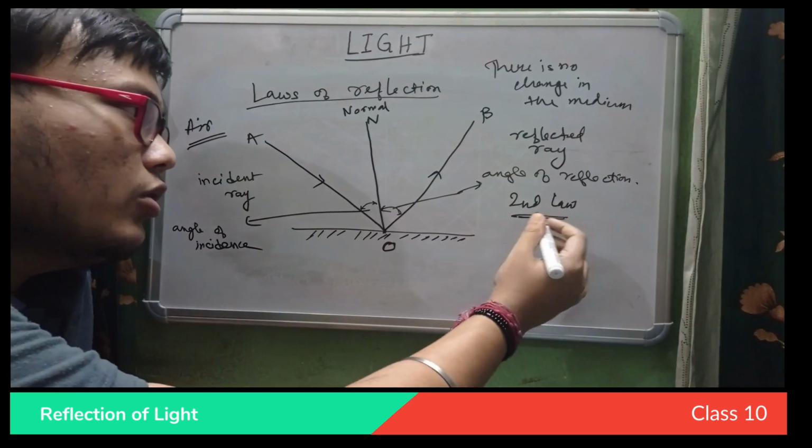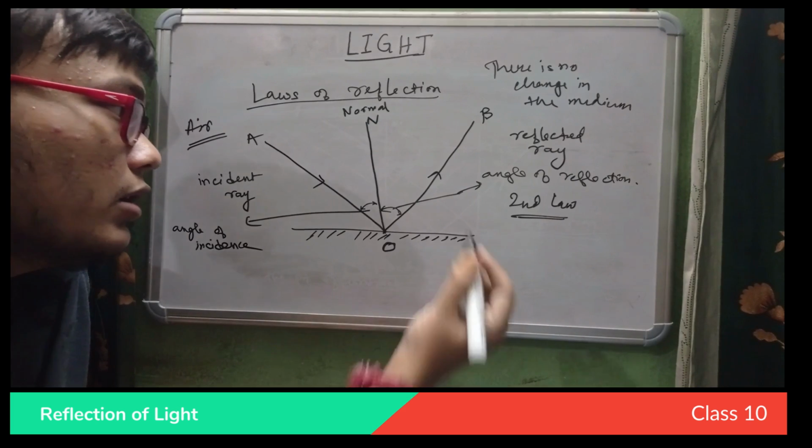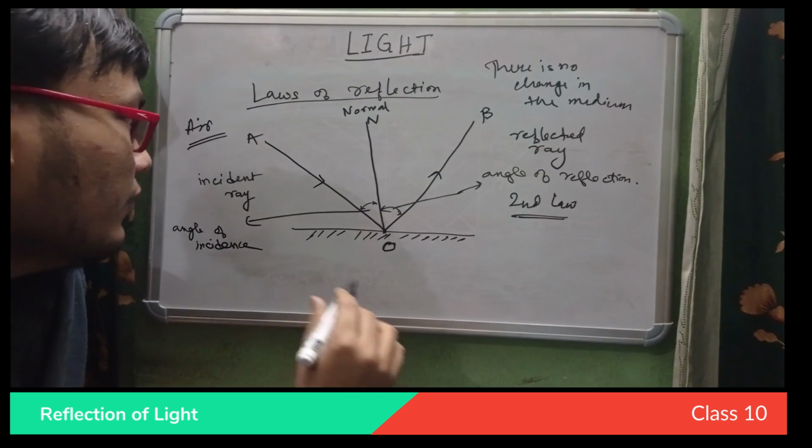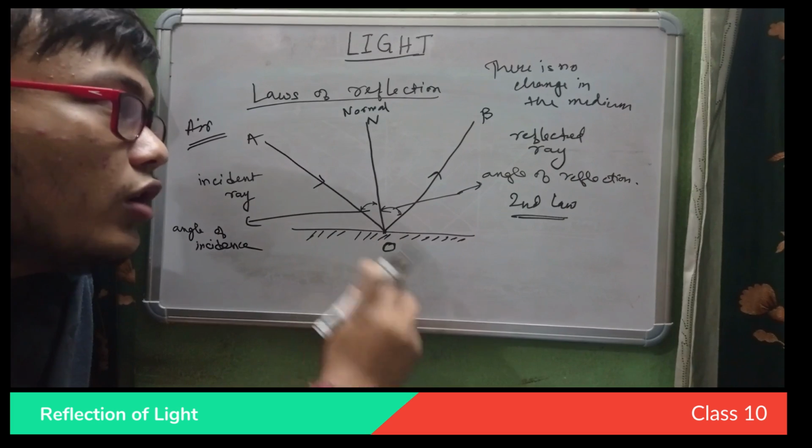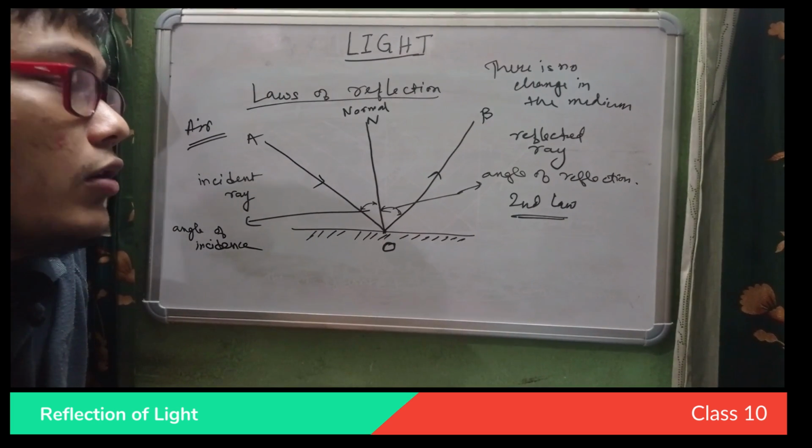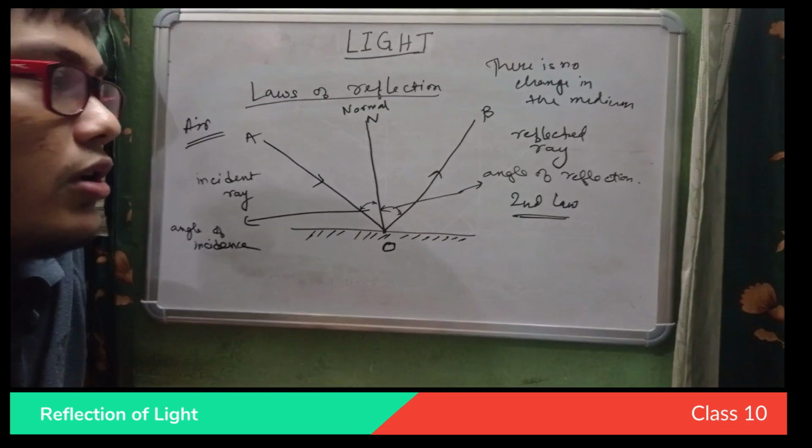So what does the second law state? The second law states that the angle of incidence is always equal to the angle of reflection in case of regular reflection.